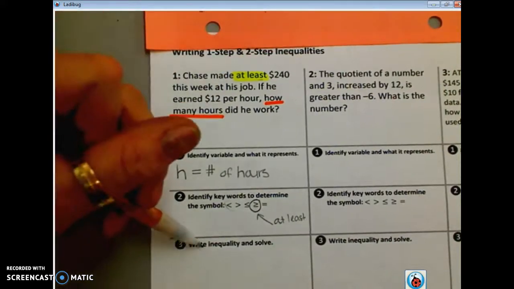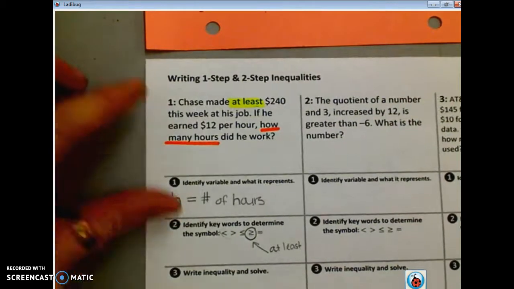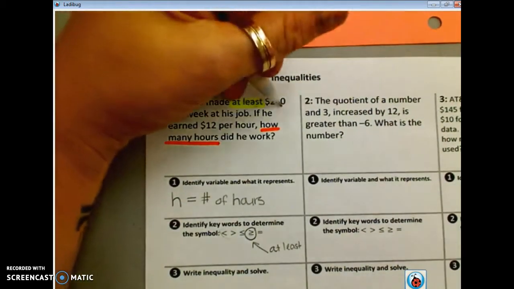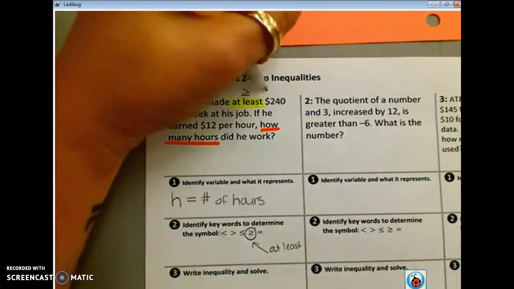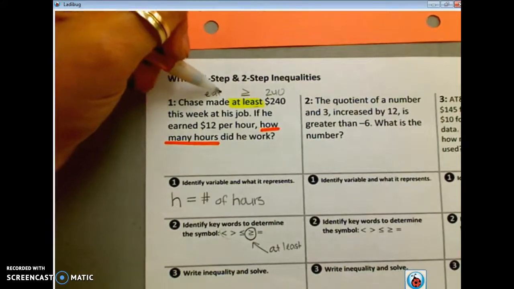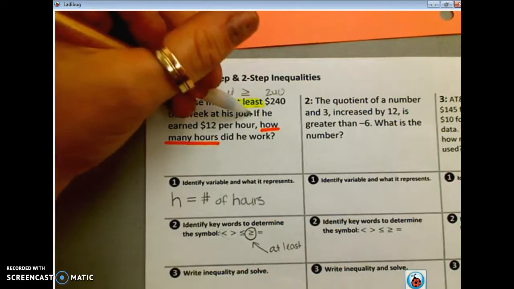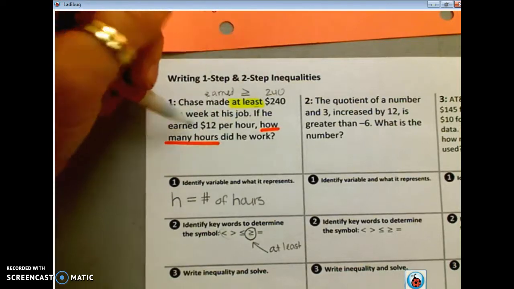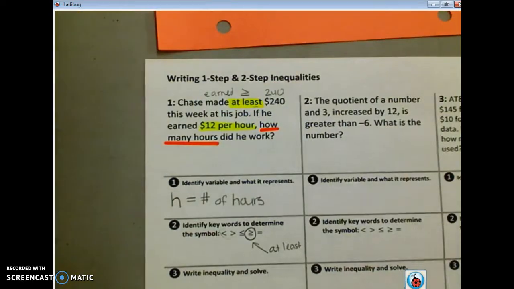Now we have to write an inequality and solve it. So we need to pull a little bit more information. We have at least 240, so there we can interact with our problem. Chase earned, what he earned goes on this side, and then it's greater than or equal to 240. If we keep reading, it says he earned $12 per hour.